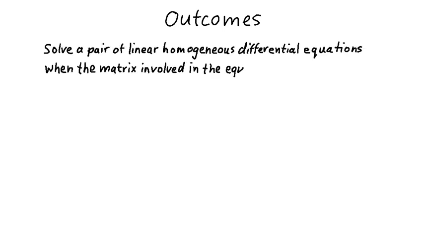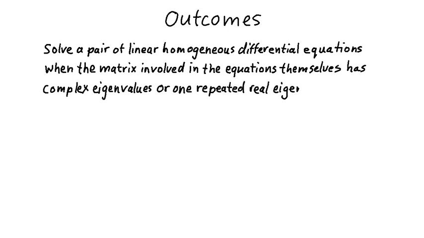You'll know that you've come to terms with systems of two linear homogeneous differential equations when you're able to solve problems involving matrices with either complex eigenvalues or one repeated real eigenvalue. These cases are, of course, in addition to the case in which the matrix involved in the differential equation has two distinct real eigenvalues.